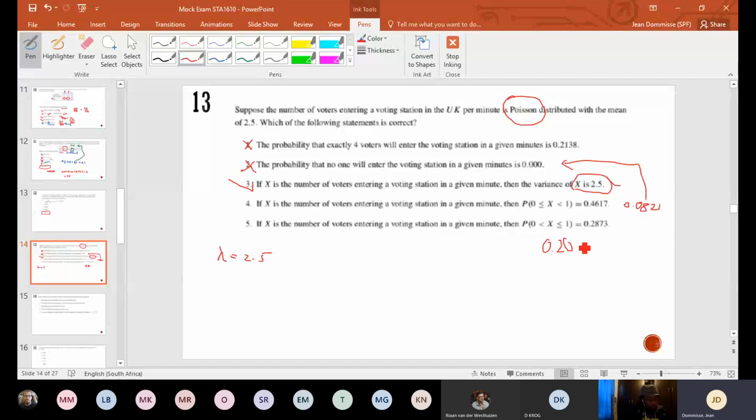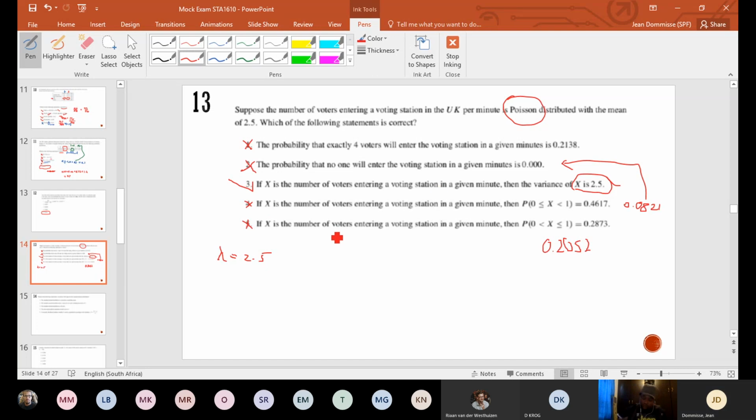My table is a bit blurry, but that is what I think my table says. So then we know both 4 and 5 are incorrect, and 3 was the correct one. Okay.